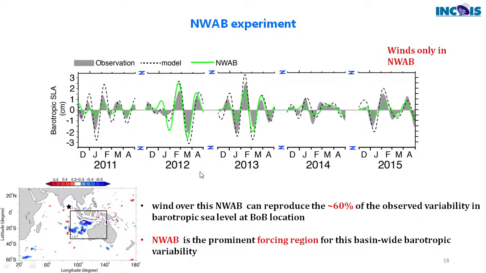Specifically during 11-12, 12-13 and 14-15, the Northwest Australian Basin forced model was able to mimic the global forced simulation. Almost it is getting it. This confirms that the winds forcing over the Northwest Australian Basin are causing the entire Indian Ocean to oscillate. So we could identify the most prominent forcing region for this variability.